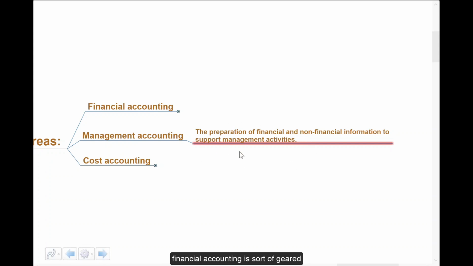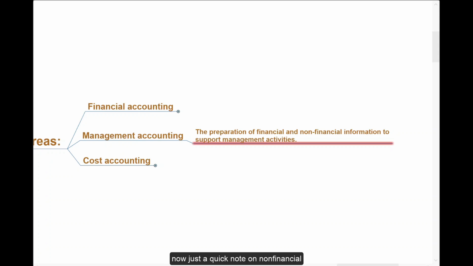So whilst financial accounting is geared and influenced by compliance, in other words, compliance with laws and regulations, you need to file accounts with the tax authorities, you need to file them with government bodies, management accounting is much more flexible.